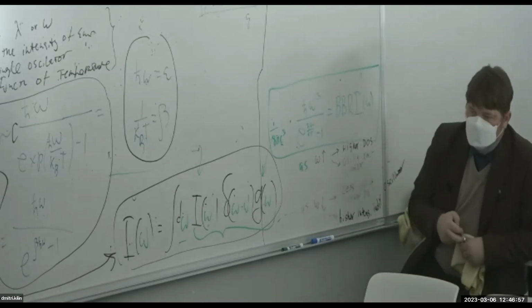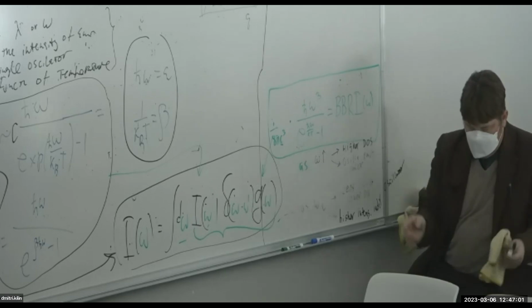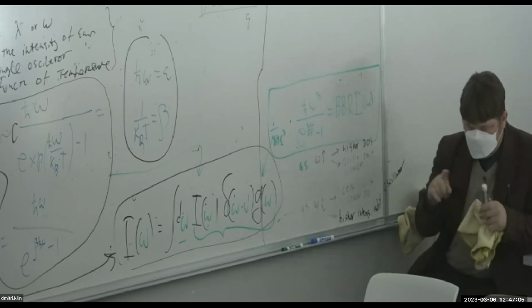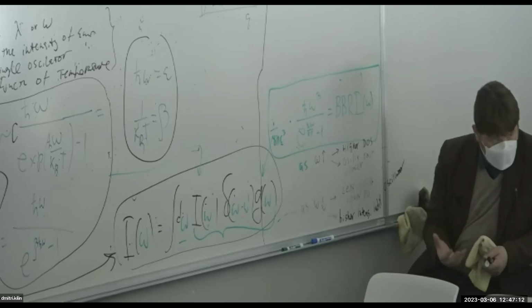So Blackbody is a concept that considers an area of space that traps a lot of oscillators, quantized oscillators of the electromagnetic field. Each of the oscillators absorbs and re-emits light.